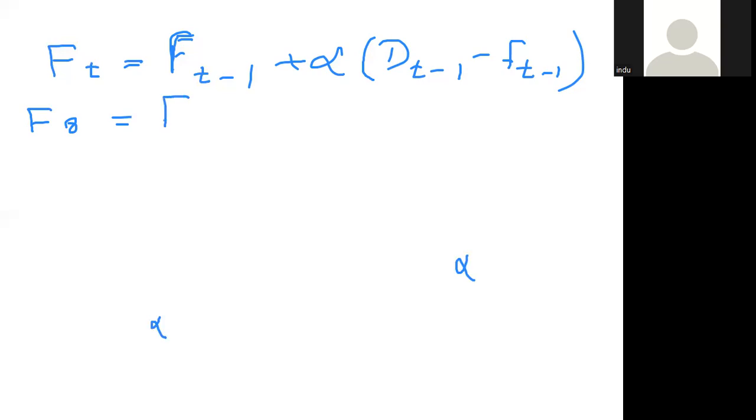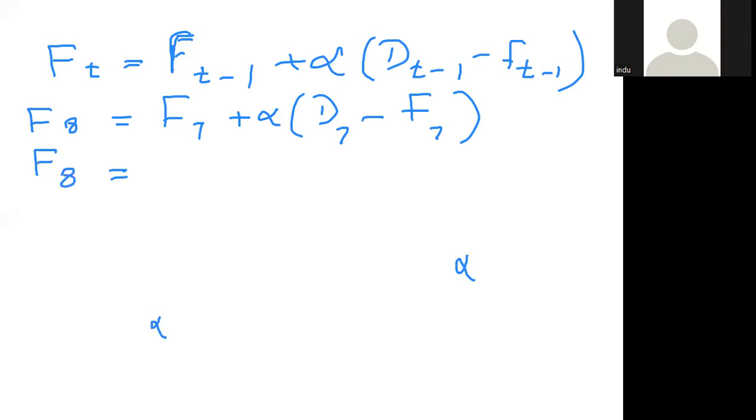Here we need the forecast value of the 7th period and alpha, the actual value of the 7th period, and the forecasted value of period 7. Then we can substitute the given information.